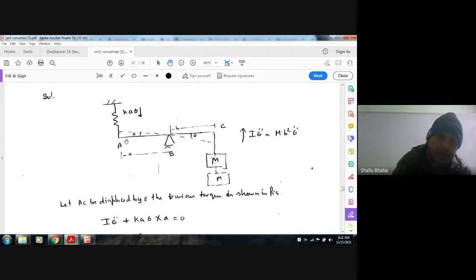When this ABC is given a small displacement theta, this spring will compress, so there will be a downward force K a theta, and the inertia term m b square theta double dot.